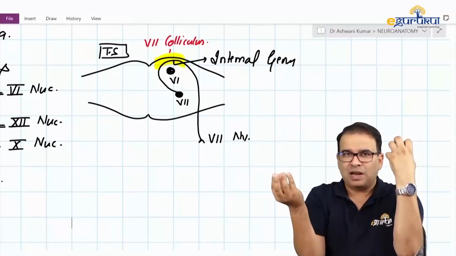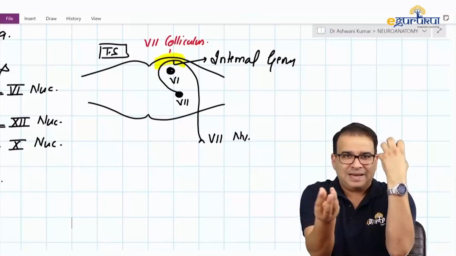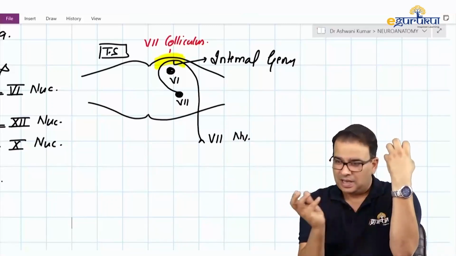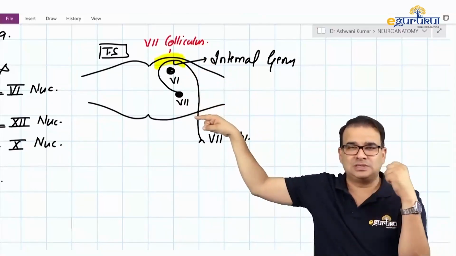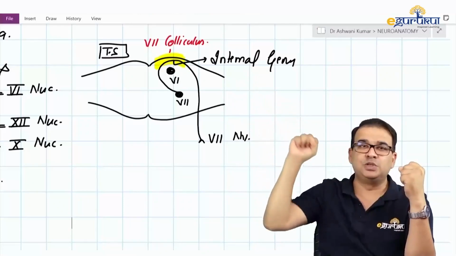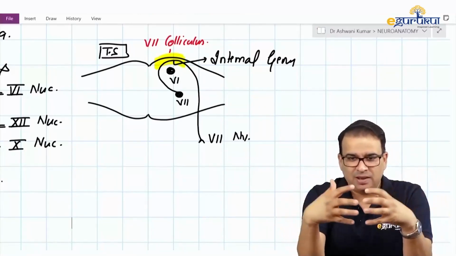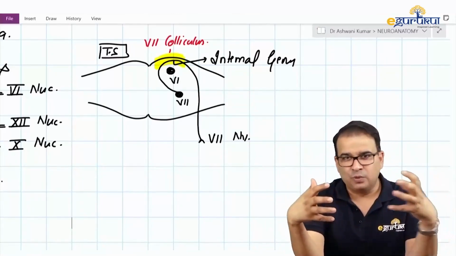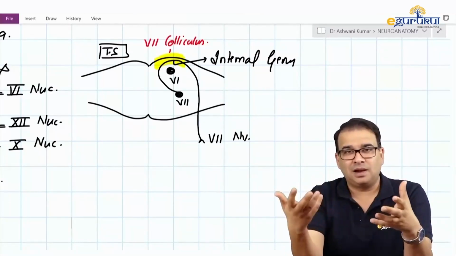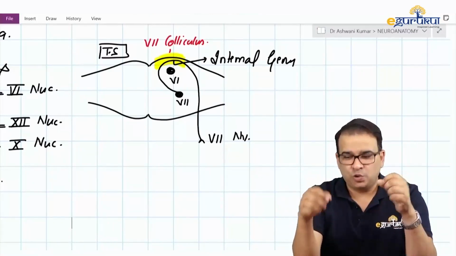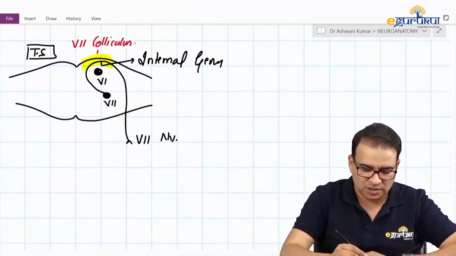So developmentally, the facial nucleus migrates towards the trigeminal nucleus, and during this migration it winds around the abducens nucleus. That's why the internal genu is formed. This phenomenon, where a sensory nucleus and a motor nucleus come close to each other so that the reflexes become faster, is called neurobiotaxis.